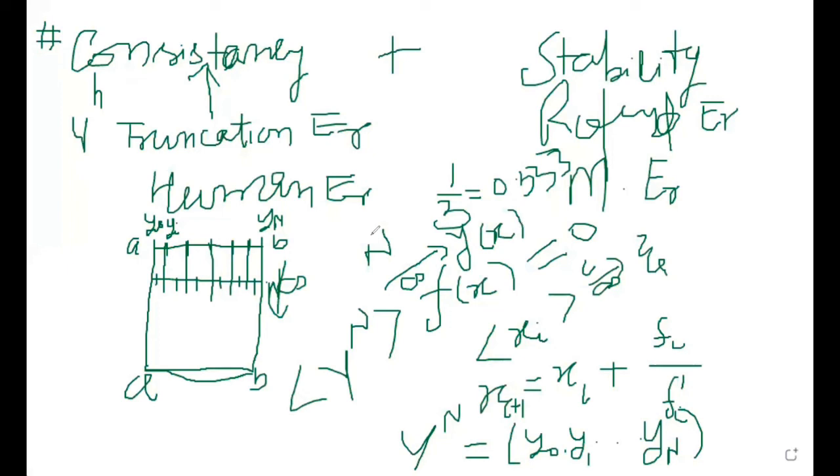This is clear. As n tends to infinity, or you can say h tends to 0, both are the same thing, because as the number of nodes increases, the mesh size will decrease. So in that way we generate the sequence. First we should understand this.